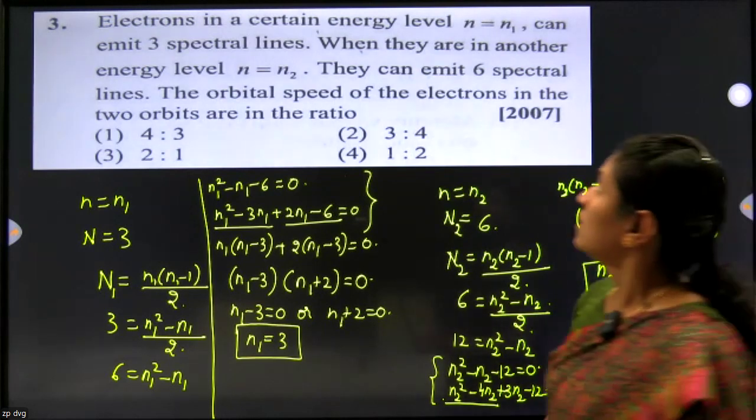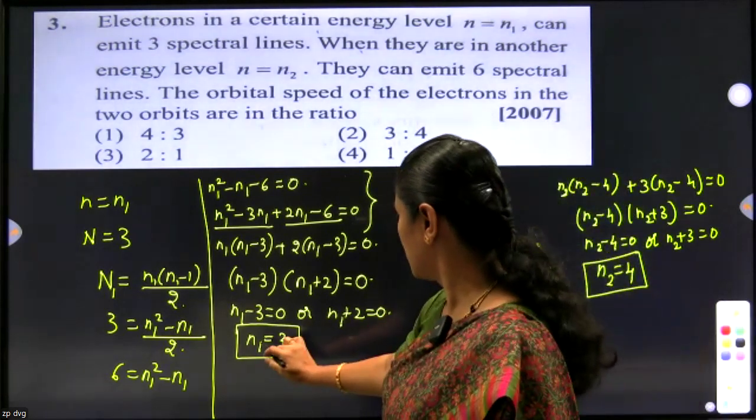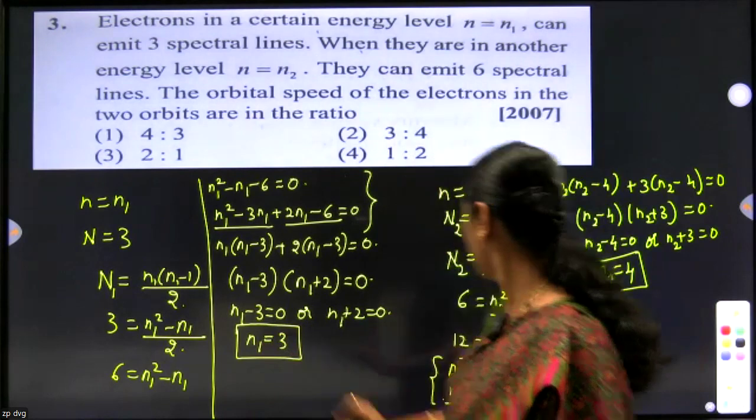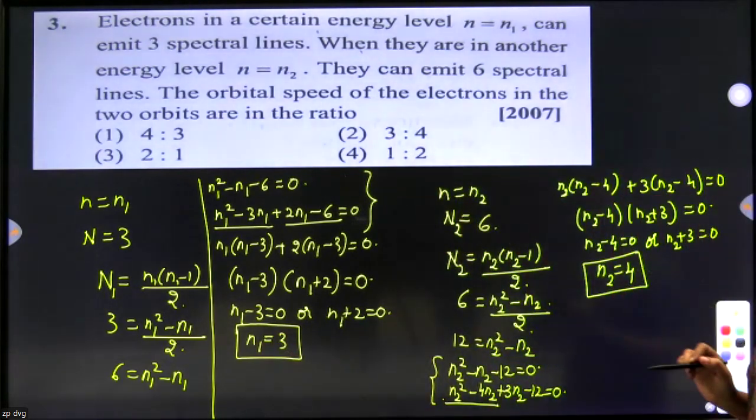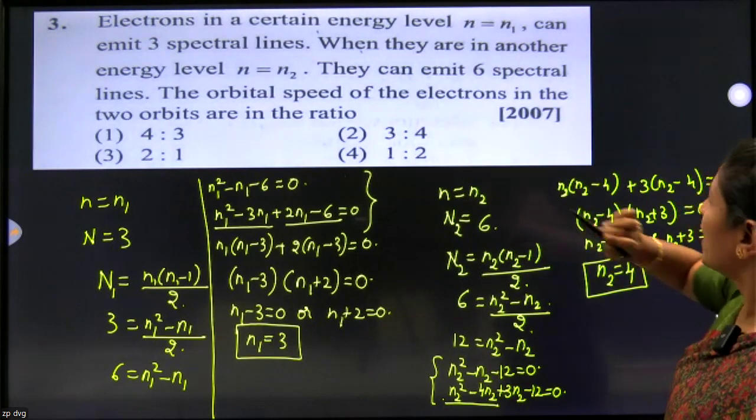For the energy levels we found n1 equal to 3 and n2 equal to 4. Again, they ask for the ratio of velocities.